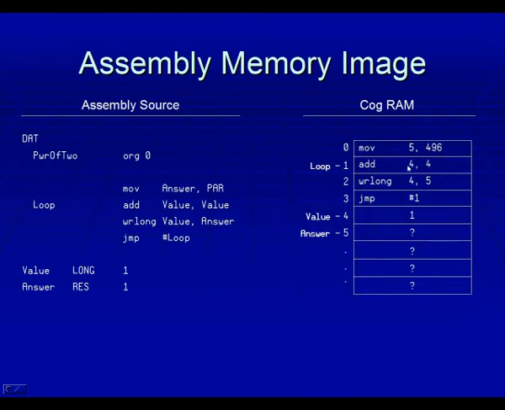What really happens is that an address gets stored for any symbolic registers that you've specified. That gets stored in the opcode that gets launched into the cog RAM. And the really important thing here is that these numbers have to be accurate in order for the code to run properly. And the way they get calculated is really based on this org statement that you see on the top left of the code.